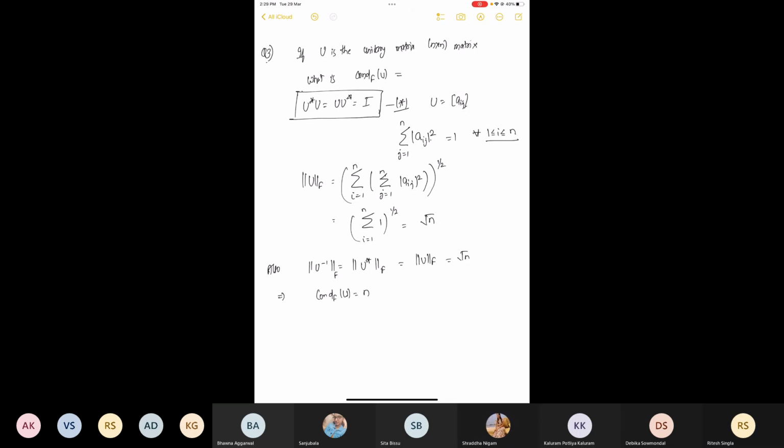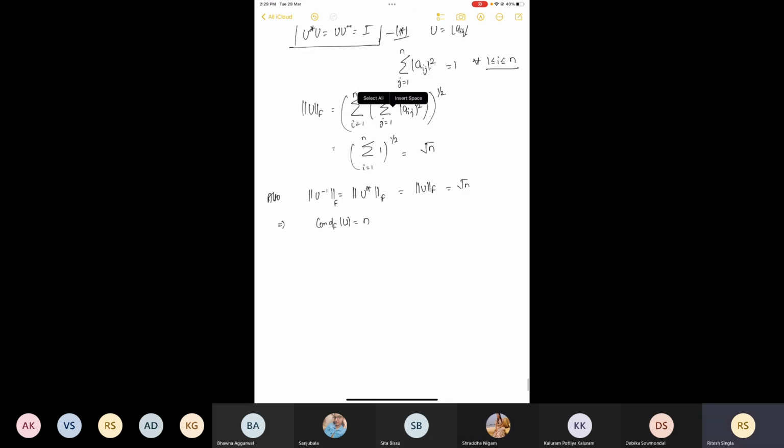Yes, sir. The thing is, a unitary matrix has one more extra property. The exact property for a unitary matrix is summation j running from 1 to n of a_ij times a_kj bar, where bar is the conjugate, is equal to delta ik.